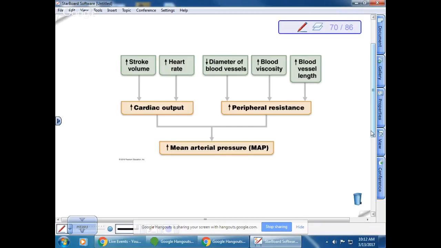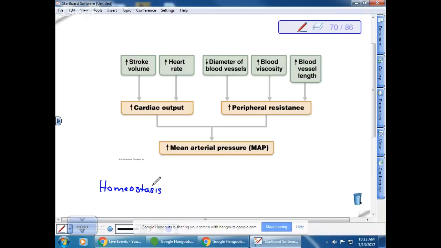So one of the things that we're going to look at is the homeostasis of blood pressure. Remember that homeostasis is kind of a misnomer in that what we want to really look at is dynamic equilibrium. So how the blood pressure is regulated over the short term as well as the long term. If you're exercising, for example, of course your heart rate is going to go up, your cardiac output is going to go up, and your arterial pressure is going to increase.